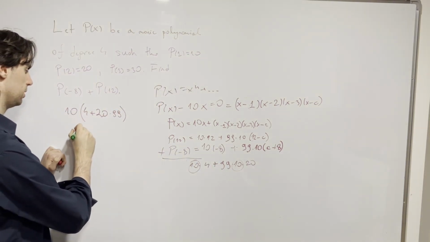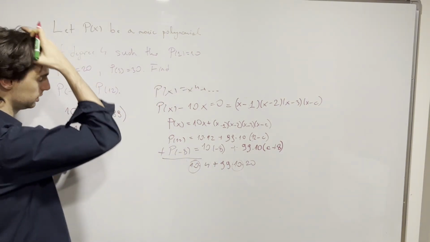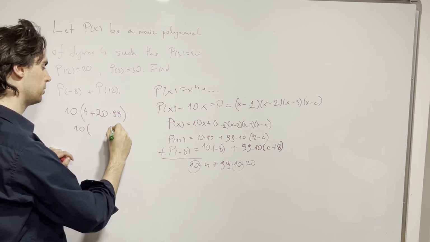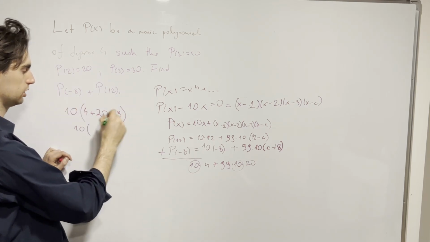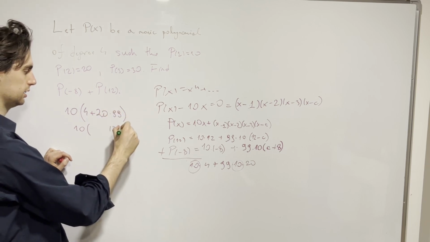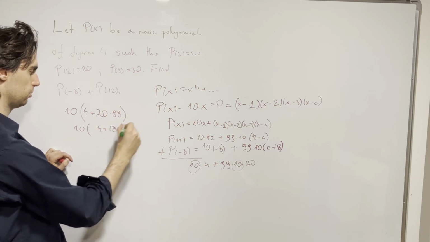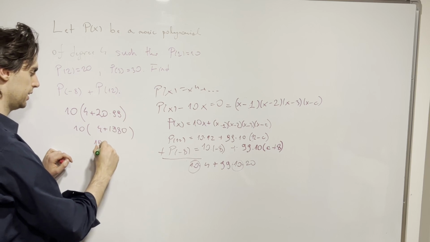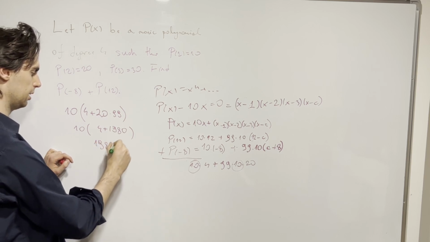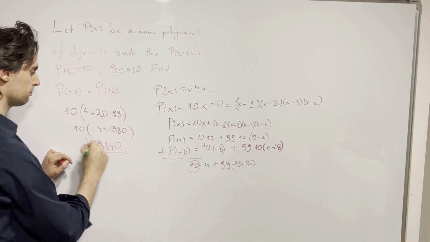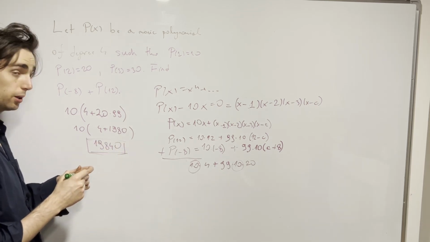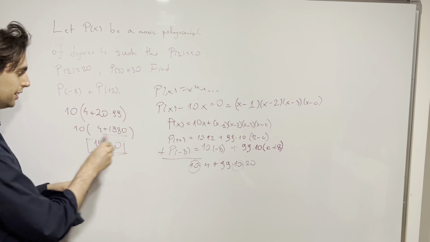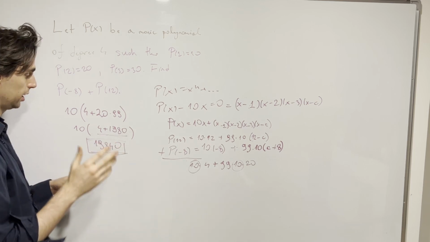And this is going to be 10 times 198. Right, that's 2 times 99. Add a 0 here, plus 4. It's going to be 1984 times 10. And that gives you 19,840. Incidentally, 1984 is when the Winter Olympics were held in my city.